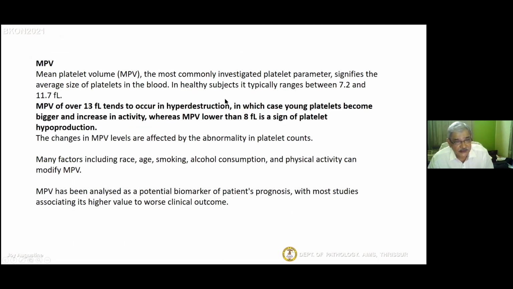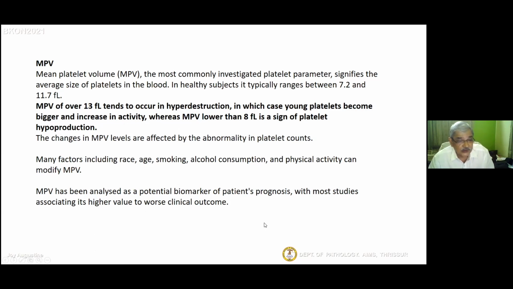And this is very commonly seen in ITP, in conditions like dengue, etc. And in a patient with the condition that we are talking about, an MPV lower than 8 is not a good thing, because it's a sign of platelet hyperproduction. So if you have platelet hyperproduction in patients with dengue, it's not good news.